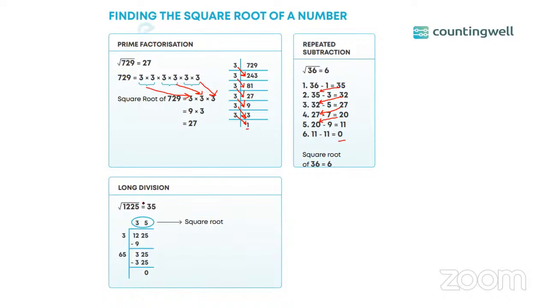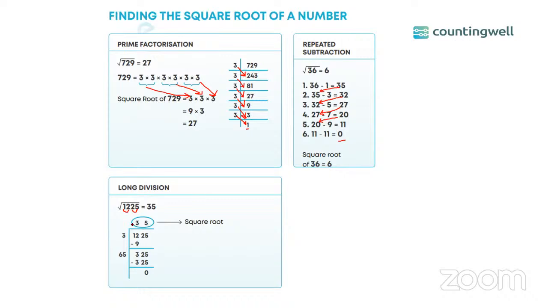Now let us see how to find the square root of a number using long division. To find the square root using long division, we need to pair the digits of the given number. Here we pair the number as 12 and 25. We should start pairing from the extreme right of the number. So here we take 12 and then find a number whose square is close to 12.